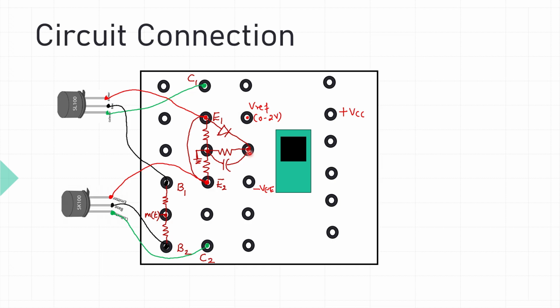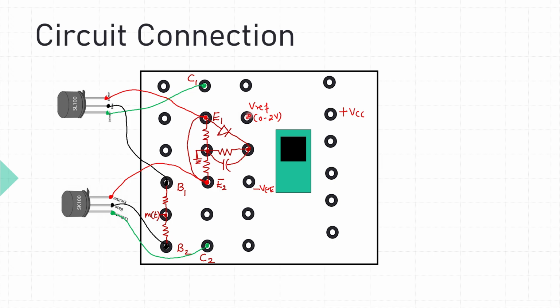Refer to the circuit diagram. I am eliminating the use of single strand wire. Too many single strand wires, don't use. Now you connect R and C components to the common ground like this.